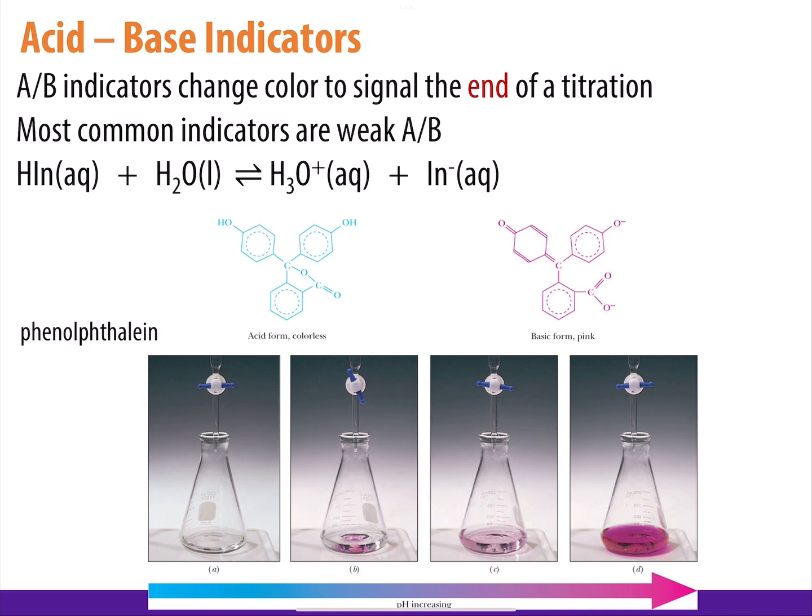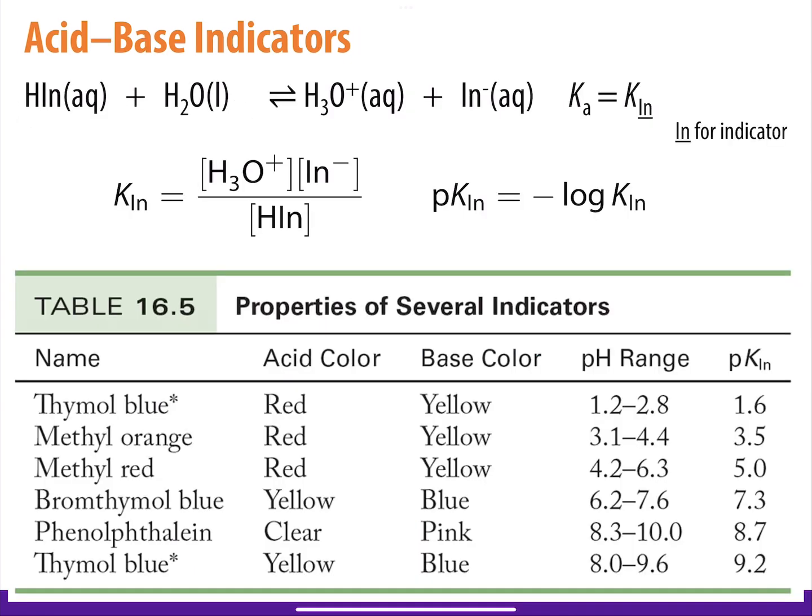Now, because of the way buffers work, this transition between the acidic form and the basic form happens at a pH equal to the pKa of the indicator. So that's what's shown here, whatever we call it, Kn or pK indicator, but this is really just the pKa for the indicator.